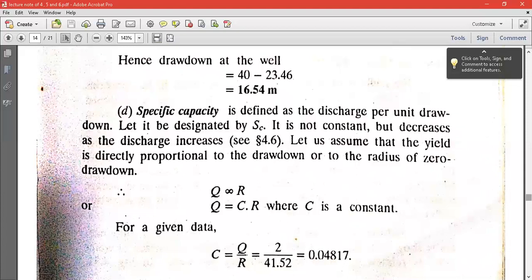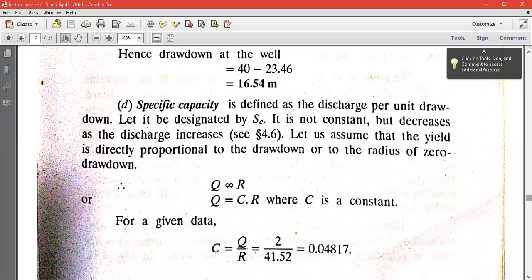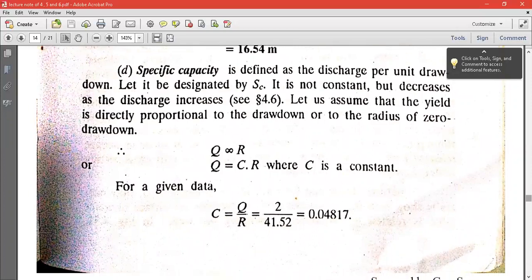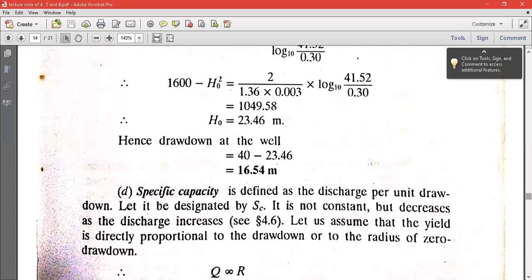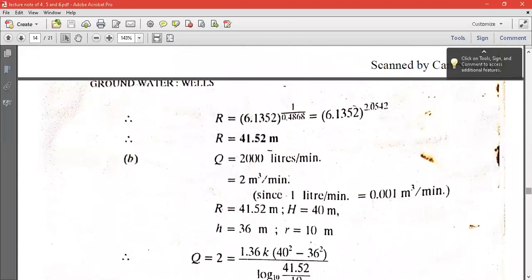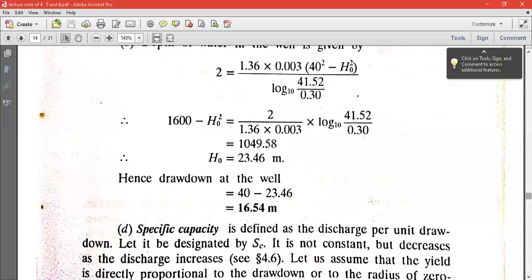Now coming to the specific capacity determination, you all know Q is proportional to s, Q equal to C s, where C is a constant. Now C equal to Q by s. Q has already been found out, that is 2 meter cube per minute, 2000 liter per minute means 2 meter cube per minute.